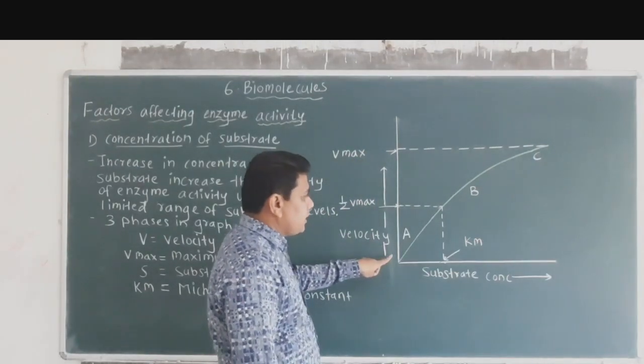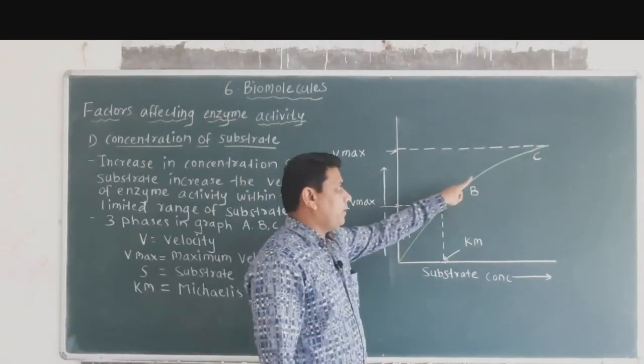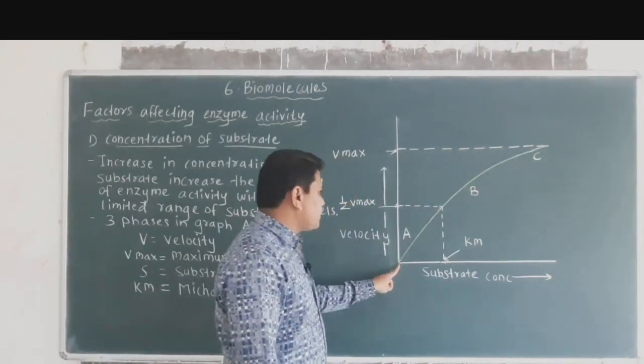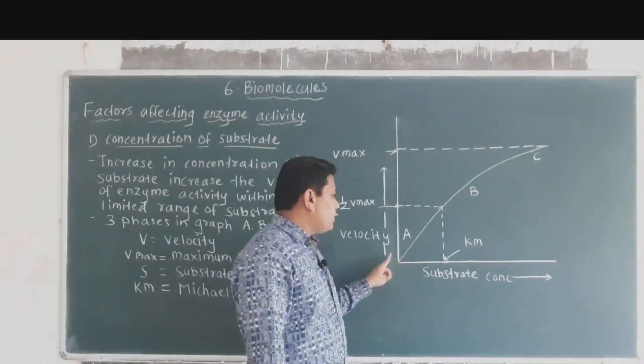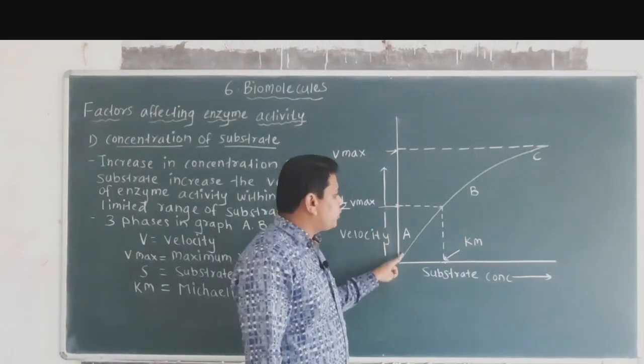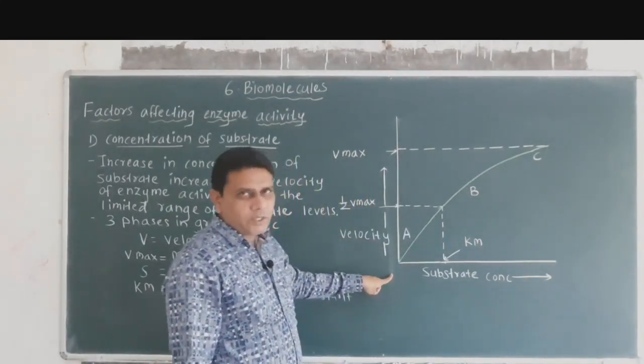Here we can see the increased enzyme activity. That means as the substrate concentration increases, the velocity of enzyme activity also increases, and it is shown with the help of this graph.